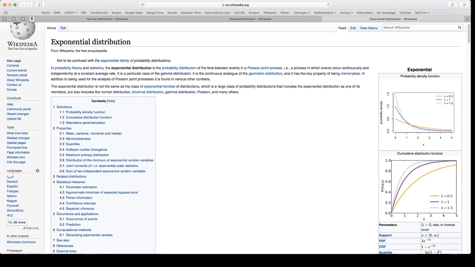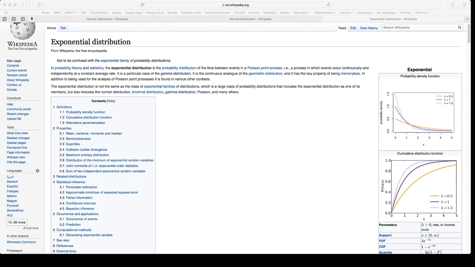The PDF is lambda times e to the minus lambda x. In Matlab, there is a different parameterization with a parameter tau, which is the mean value, which is 1 over lambda. It's not actually called tau, but it's called mu in Matlab. So let's have a look at the PDF, the CDF, and the quantile function of the exponential distribution.